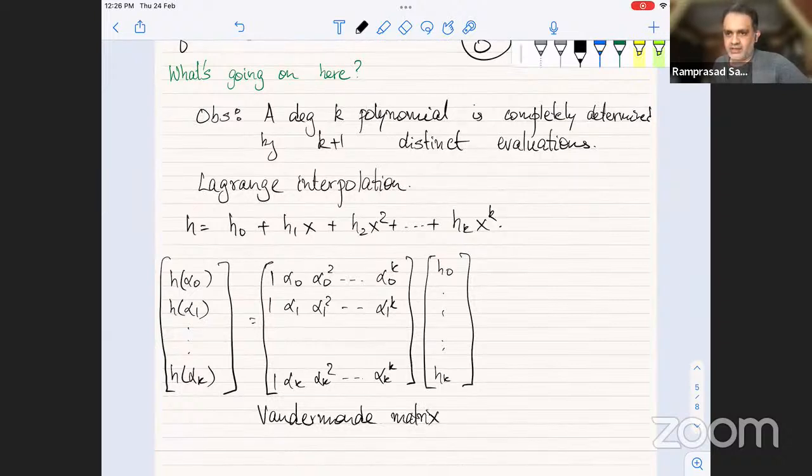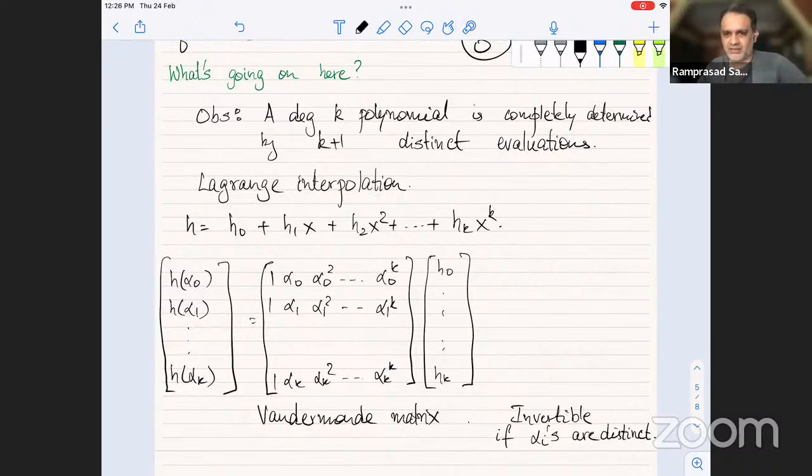Okay, and the most important thing about the Vandermonde matrix is that it is invertible if the alpha i's are distinct. Because the determinant is in fact exactly the product of alpha i minus alpha j over all pairs. I presume that you have encountered this in some course or somewhere.